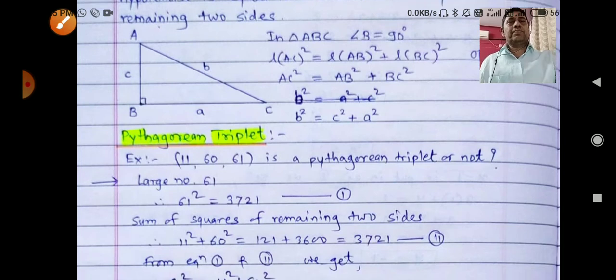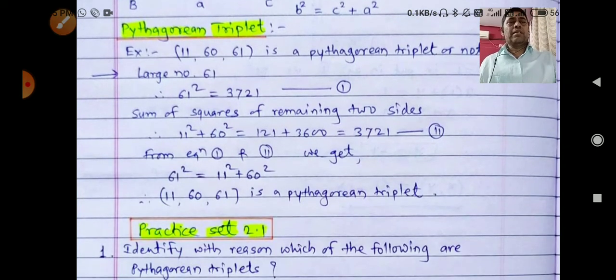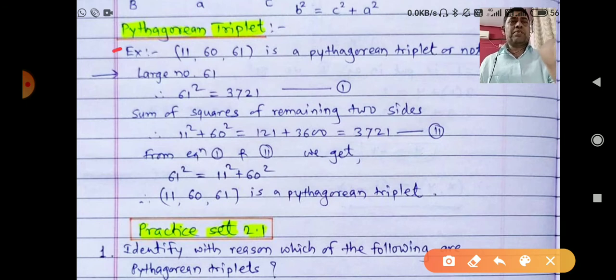Now the next topic is Pythagorean triplets. What is a Pythagorean triplet? In a right angle triangle there are three sides, and one of these three sides is greater than the other two, meaning the hypotenuse is always the greatest side, and the remaining two sides are less than the hypotenuse.